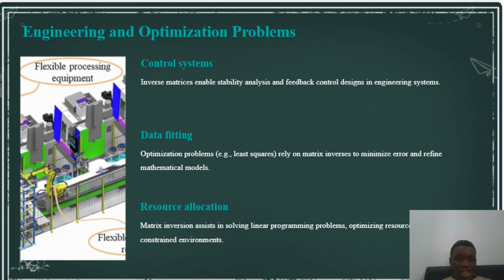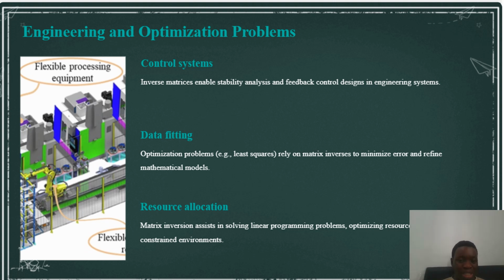Now, engineering and optimization problems is another area that matrix inverses can help with. This is how matrix inverses are applied in engineering and optimization. In control systems, inverse matrices help analyze system stability and design feedback mechanisms.